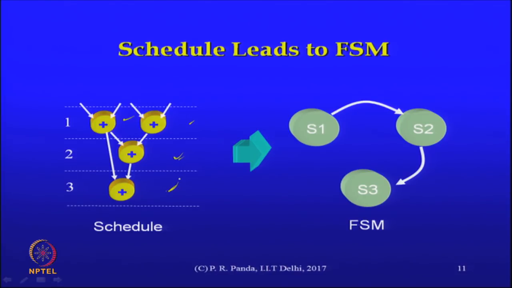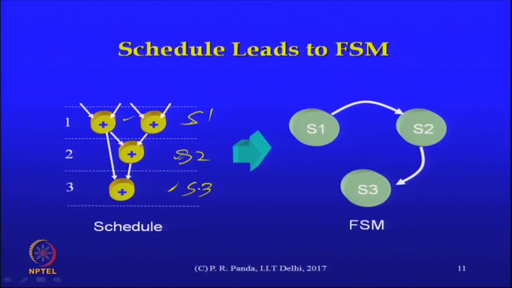Right. What is the FSM anyway? So, you can see that in an FSM what kind of information goes. We can associate with the state or with the transitions some actions, right. So, there are conditions and actions associated with these transitions. So, let us say for now that the state S1 corresponds to clock cycle 1, state S2 corresponds to clock cycle 2, and S3 corresponds to clock cycle 3.